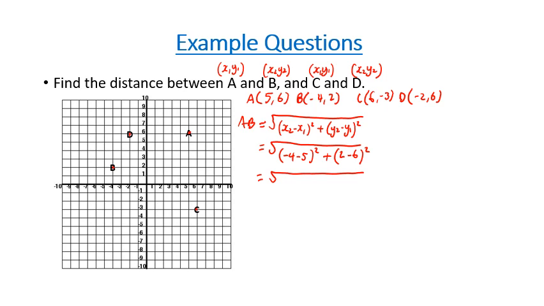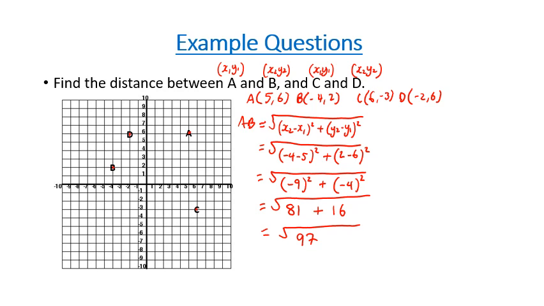This becomes the square root of -4 take 5 is -9, all squared, plus 2 take 6 is -4, all squared, which becomes the square root of 81, that is -9 times -9, plus -4 times -4 is 16. Therefore, this is going to be the square root of 97.